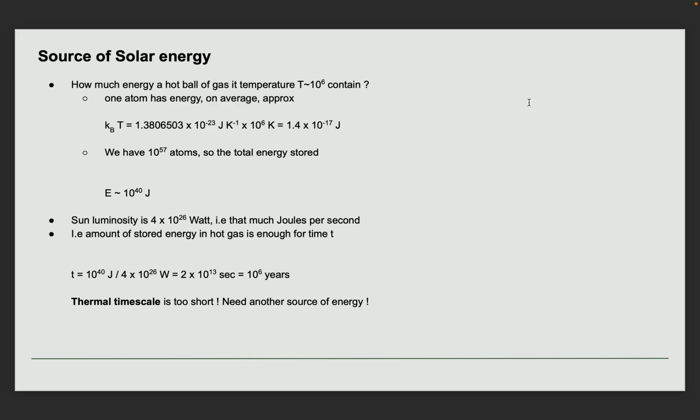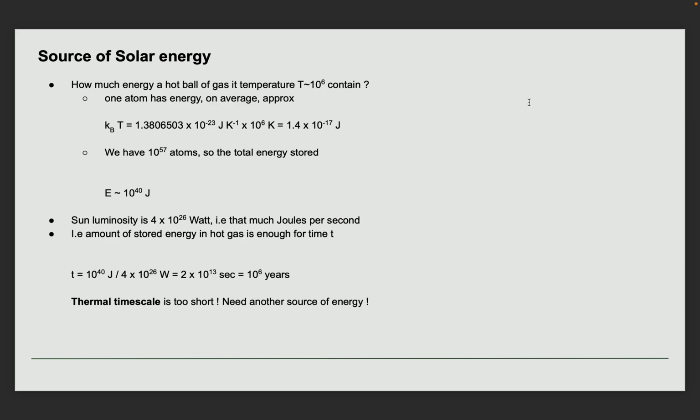So, what is the source of solar energy? To compute it, we have to compute how much energy a hot ball of gas at a temperature of about 10^6 Kelvin contains. One atom has energy on average approximately kBT, which in SI units is about 10^-17 joule.